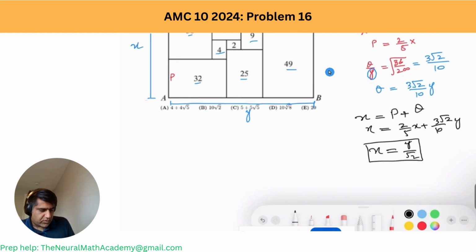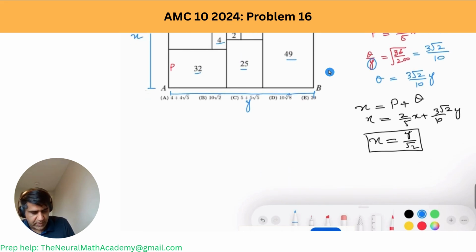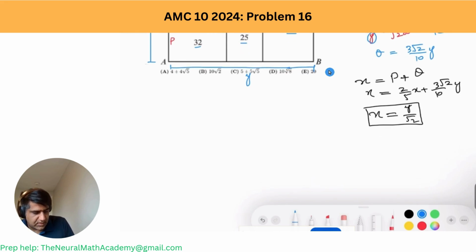So now we have to find the value of y. We know that the area is xy, and also we know x is y over square root 2, and the area is 200.